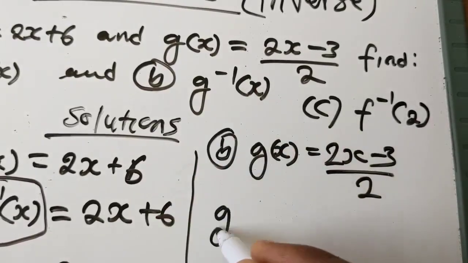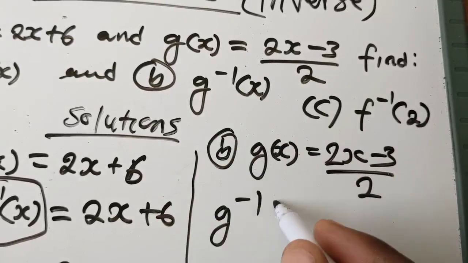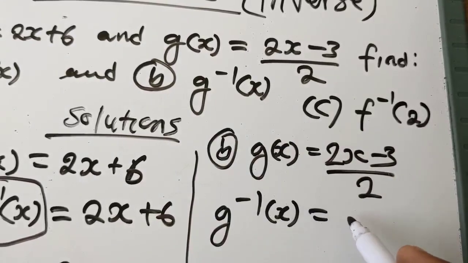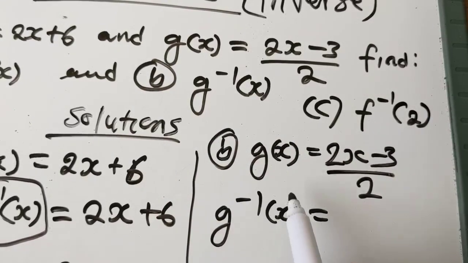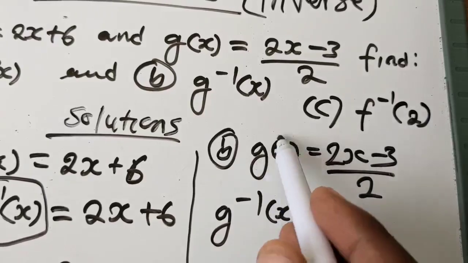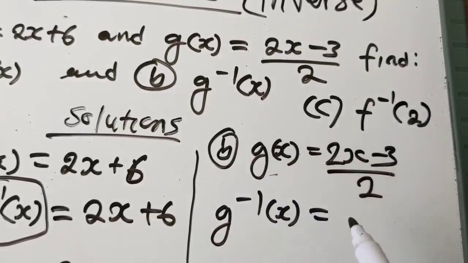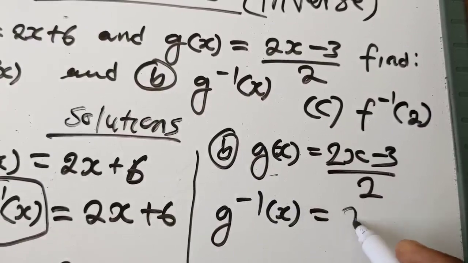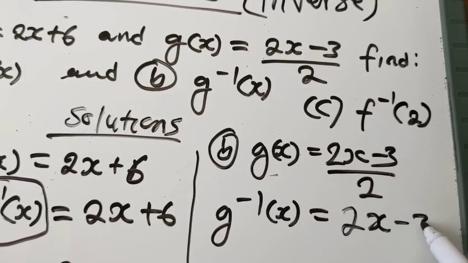you equate it to what? You just replace this g of x with that. Then you equate it to 2x minus 3 over 2, like that.